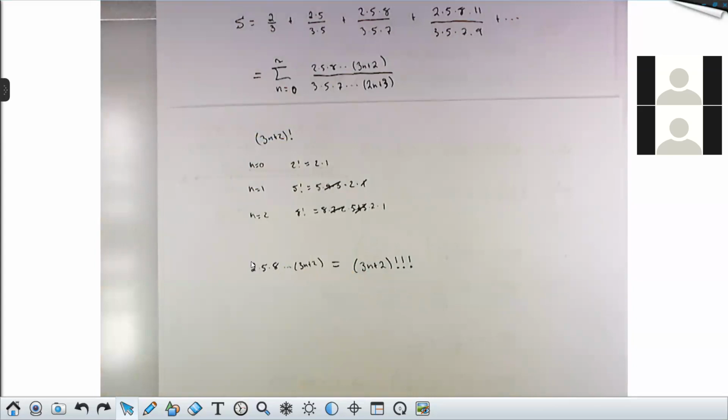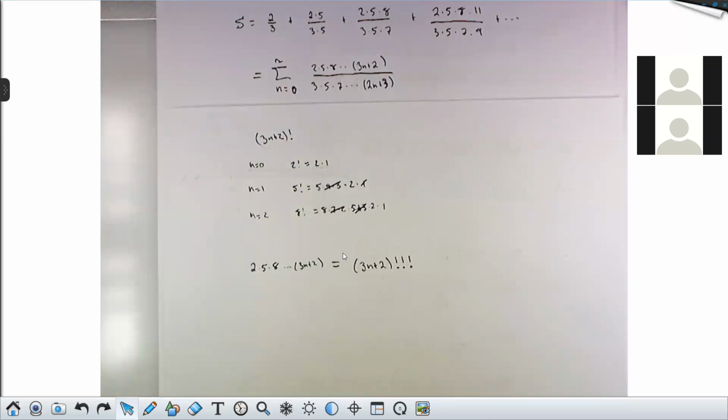This is the notation for skipping over terms in a factorial. (3n+2)! would be 1 times 2 times 3 times 4 times 5 times 6 times 7 times 8, all the way up to 3n plus 2. But the thing we have skips every 2, right? 2, and then it skips over 3, 4, 5, then it skips over 6, 7, 8, then it skips over 9, 10, 11, then it skips over 12, 13.